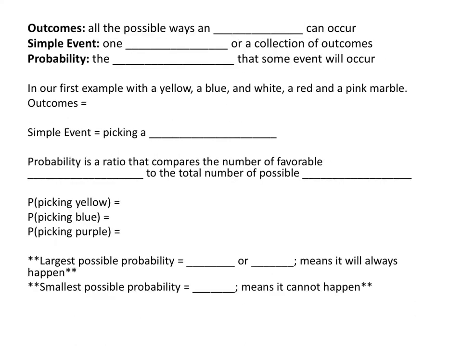So let's go into some definitions. When I talk about outcomes, we're talking about all the possible ways an event can occur. A simple event is one outcome or a collection of outcomes, and the probability is the chance that some event will occur.